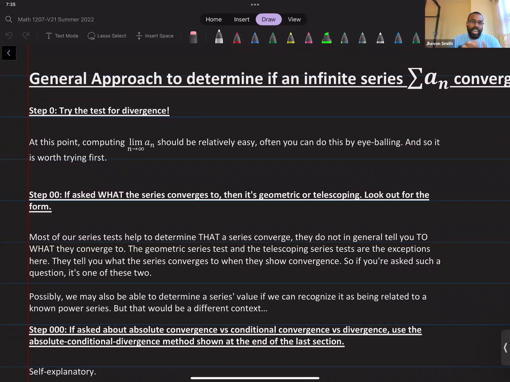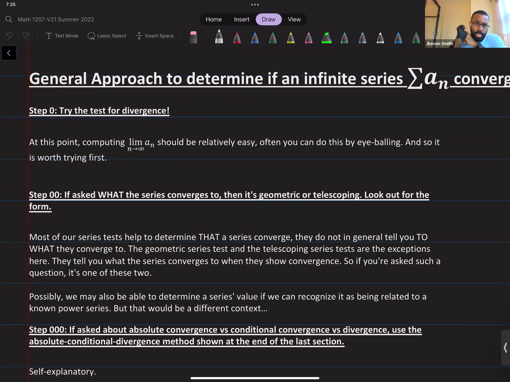Anything of that sort. Whenever I ask you for a specific answer, what does this series add up to, then there are only 2 possibilities. It's either a geometric series or a telescoping series, right? None of the other series tests tell us what it converges to. So depending on the problem statement, that can hint at what you should be looking at.